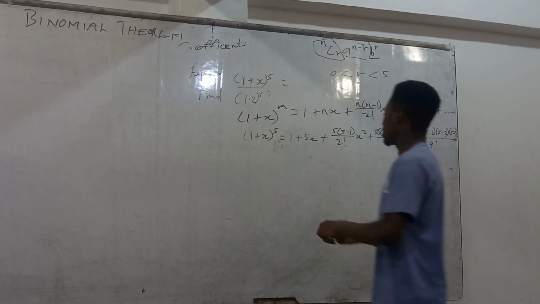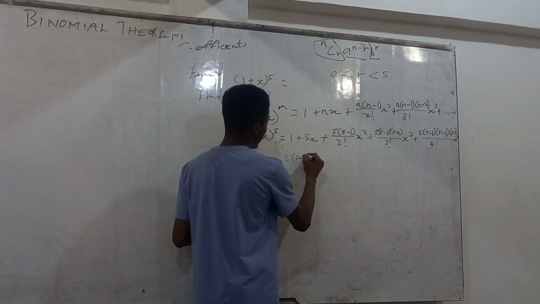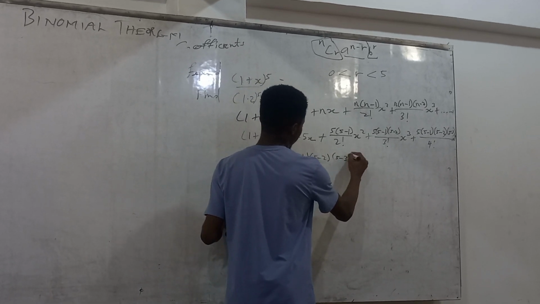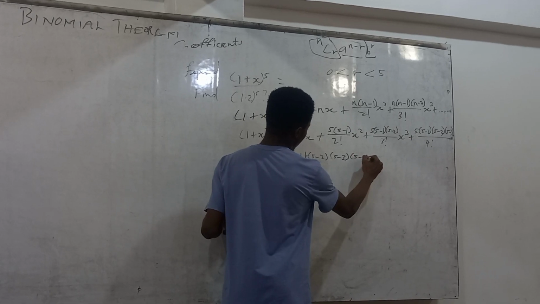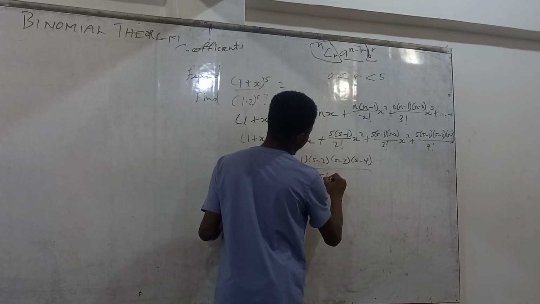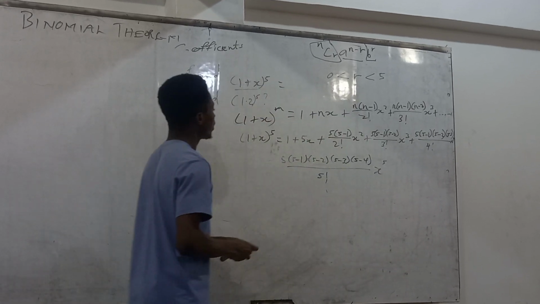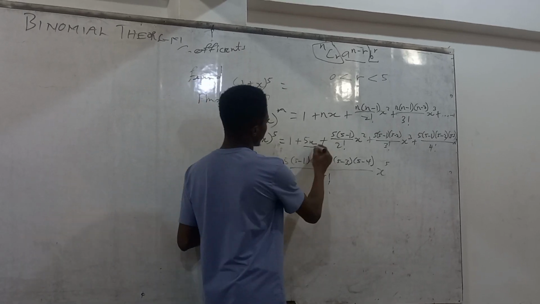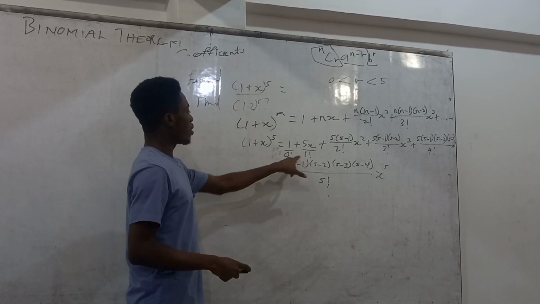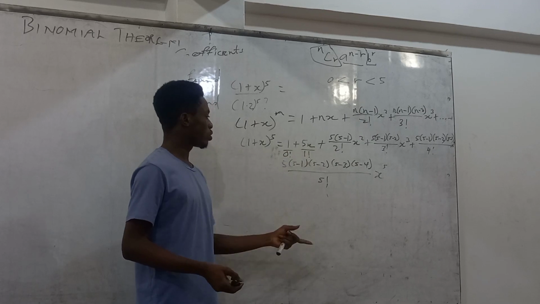Then the sixth term, that's the last term, becomes 5 bracket 5 minus 1, 5 minus 2, 5 minus 3, 5 minus 4, all over 5 factorial x to the power 5. You can see that here the factorial was 1 factorial, here was 0 factorial. 0 factorial and 1 factorial are the same thing. 0 factorial is 1, 1 factorial is 1.